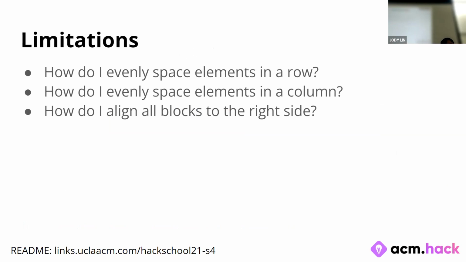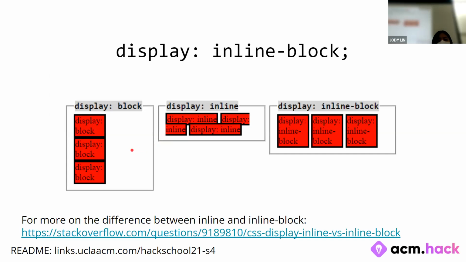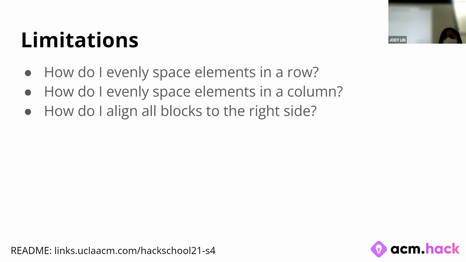You could probably think of some workaround with margins and calculate that, but that's really hard. And how do we put elements in a column? Same, if you think about it, it's kind of hard. And how do I align all blocks to the right side? For example, on the previous slide, these are all pushed to the left, but what if I want them pushed to the right? Because I don't know, I'm writing in Old Chinese. So there are limitations to this.